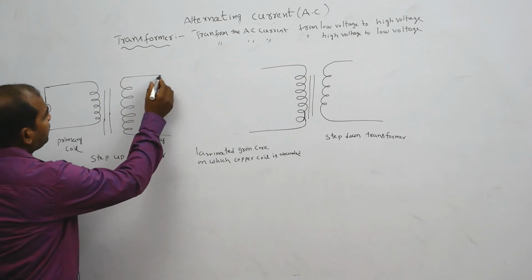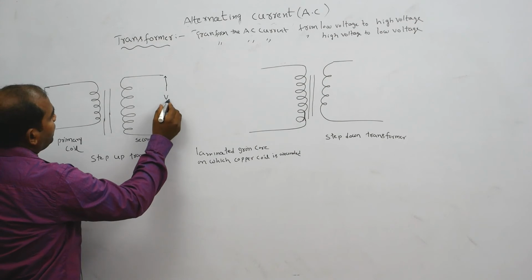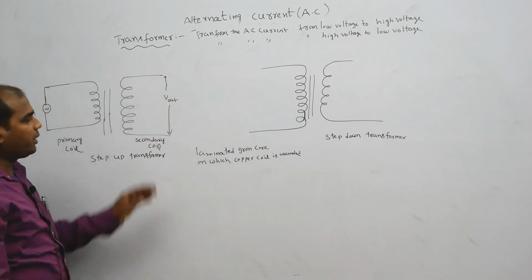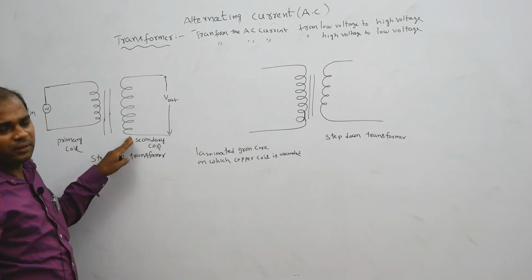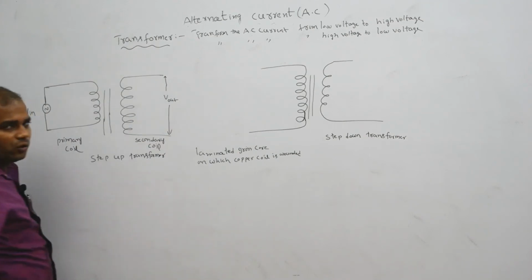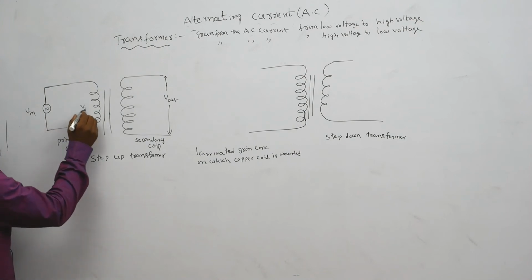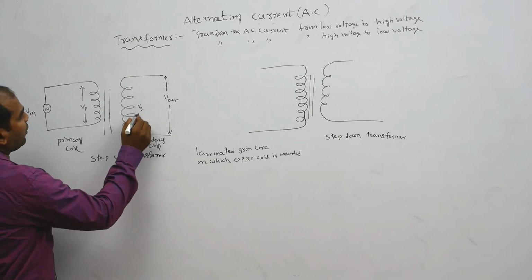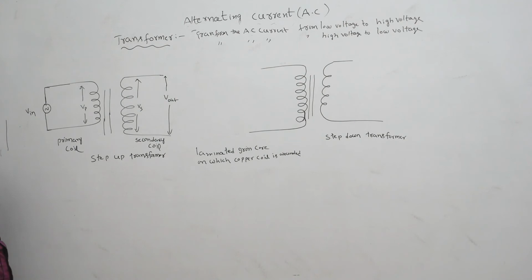The coil from which we receive the output voltage is called the secondary coil. Here V input, this is V output. The voltage at the primary coil is called Vp, and the voltage at the secondary coil is Vs.